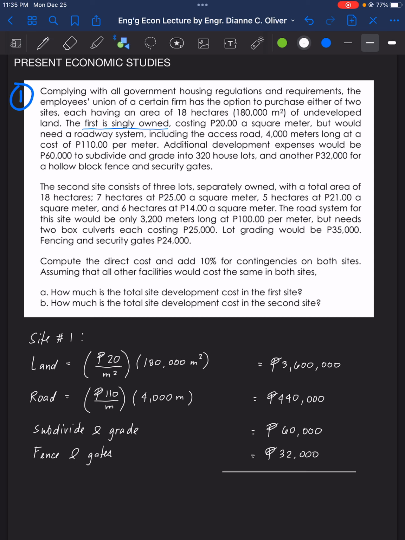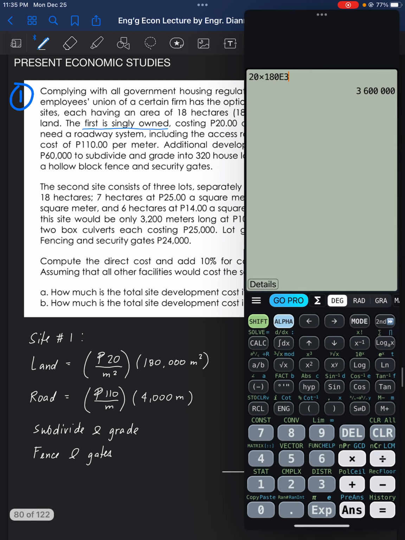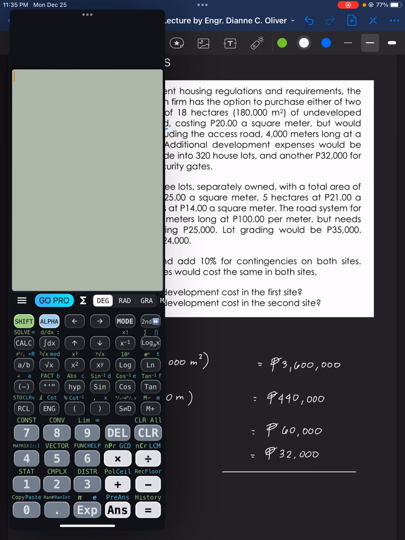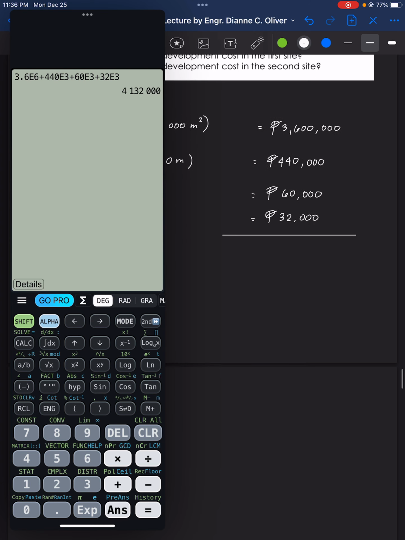So how much? That will be 3.6 million plus 440,000 plus 60,000 plus 32,000. So that will be 4,132,000 pesos.